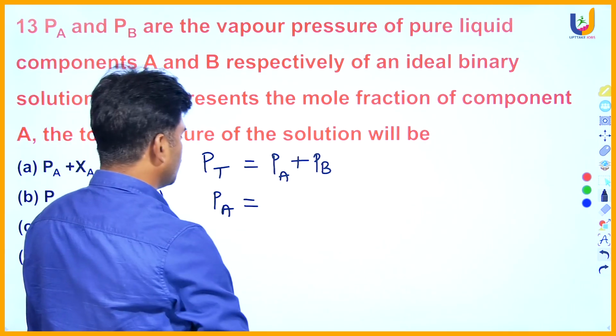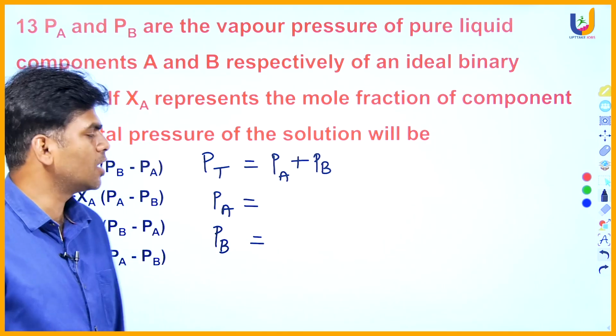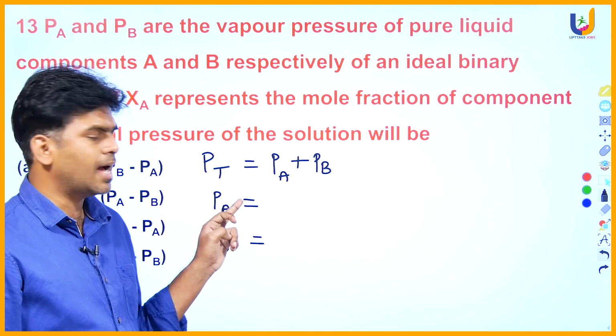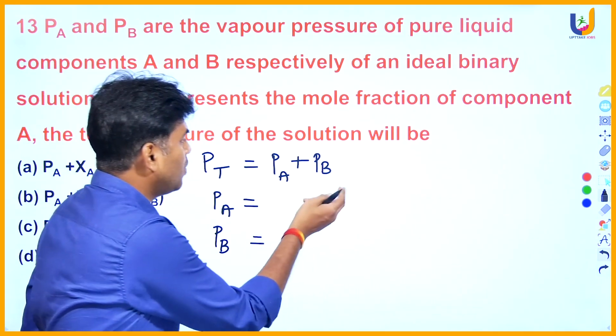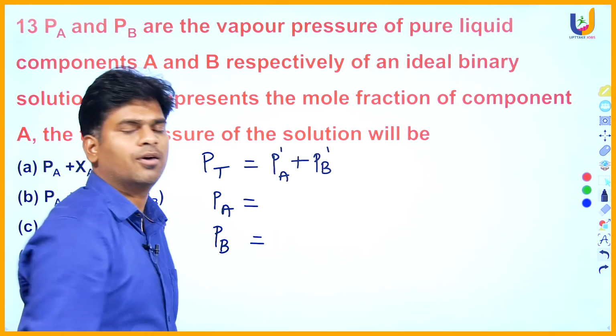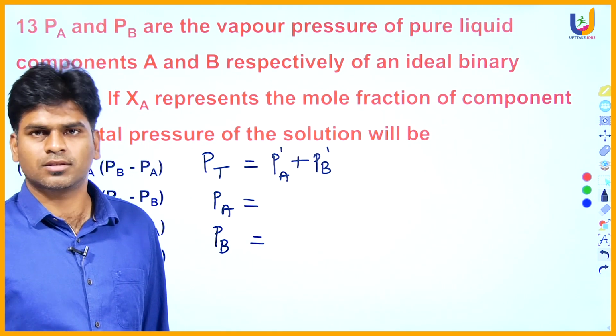According to Raoult's law, we have the formula that total vapor pressure is equal to the sum of the vapor pressures of solute and solvent.